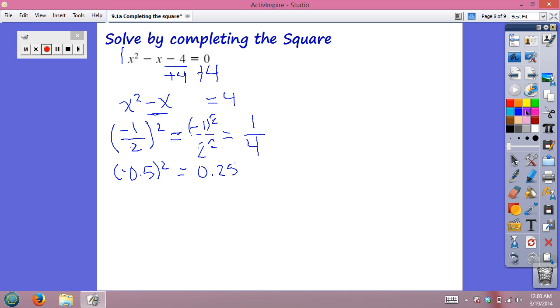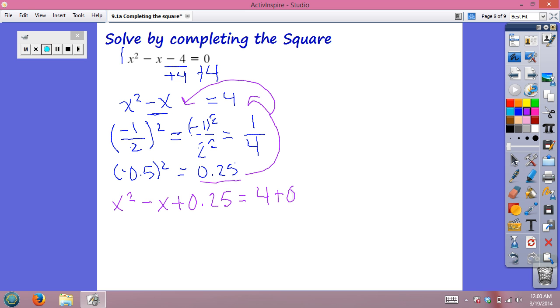So we take that value, add it to both sides of our equation, here and here. So we get x squared minus x plus 0.25 equals 4 plus 0.25.